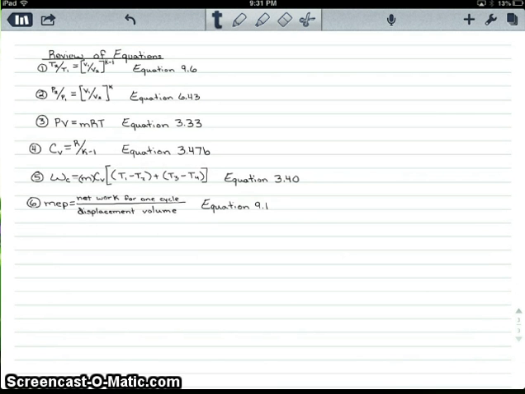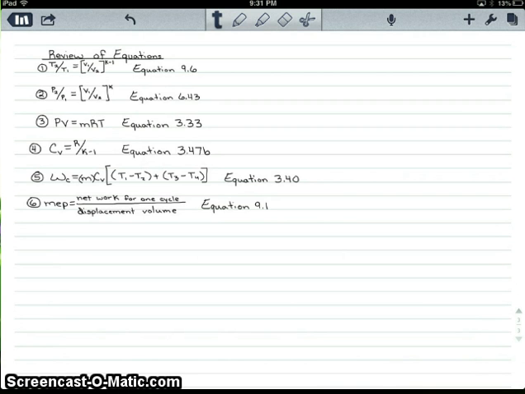Now to review the equations. Equation 1, T2 divided by T1 is equal to V1 divided by V2 to the k minus 1, equation 9.6. Equation 2, P2 divided by P1 is equal to V1 divided by V2 to the k, equation 6.43. Number 3 is PV equals mRT, equation 3.33.